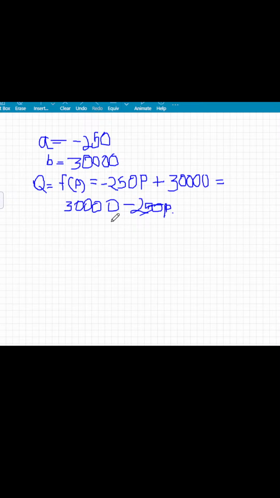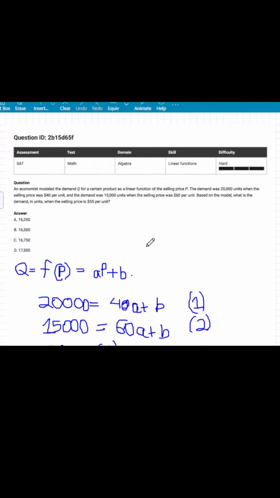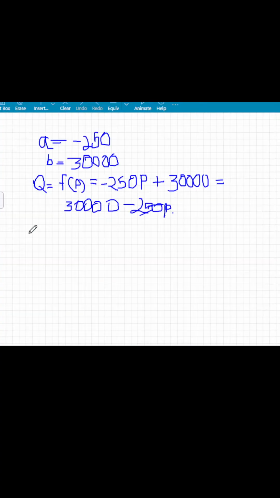Okay, now we are told to find, based on the model, what is the demand when the selling price is $55 per unit. So this P is 55, then we have to find the demand, which is the value of Q. So P is 55.